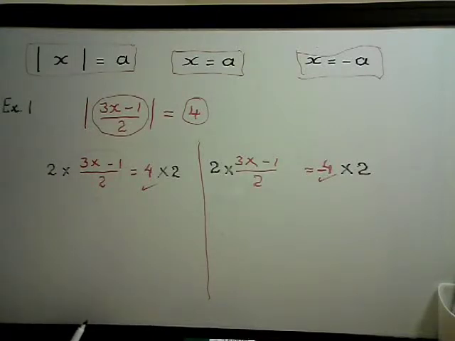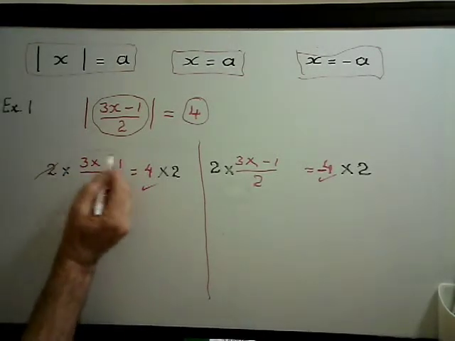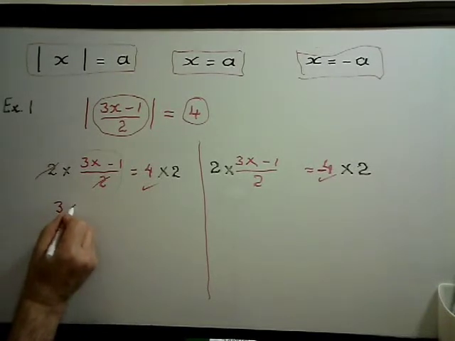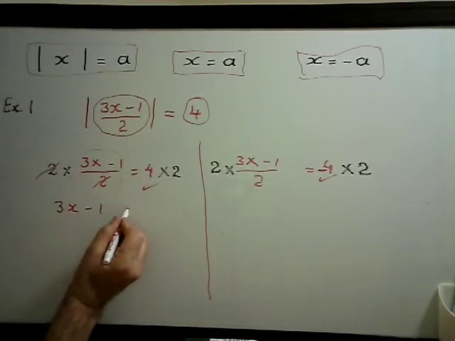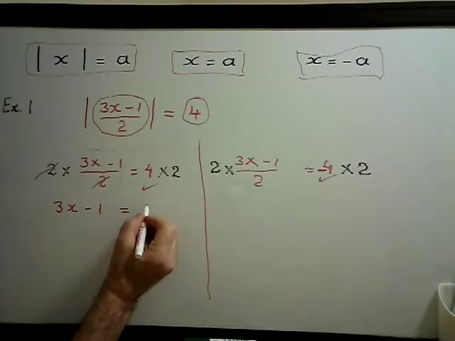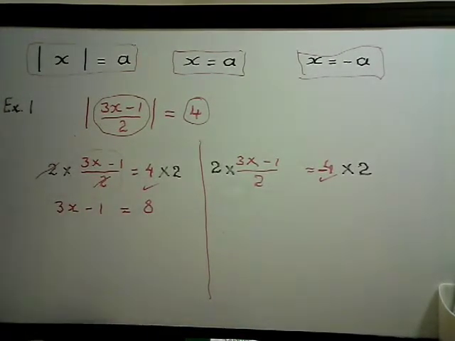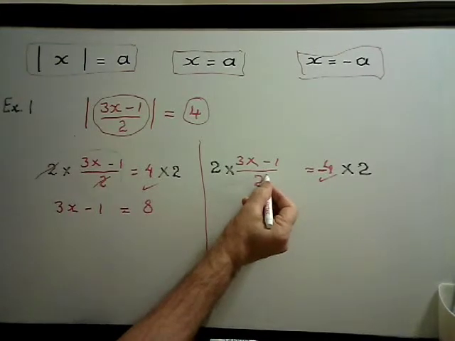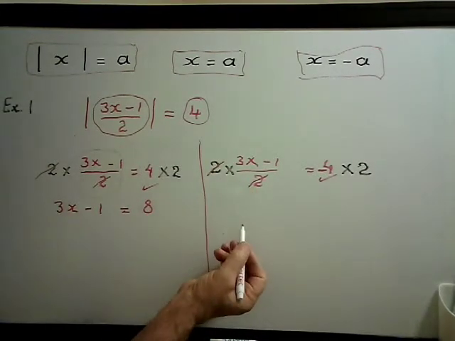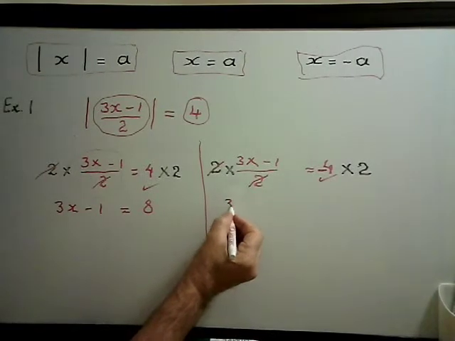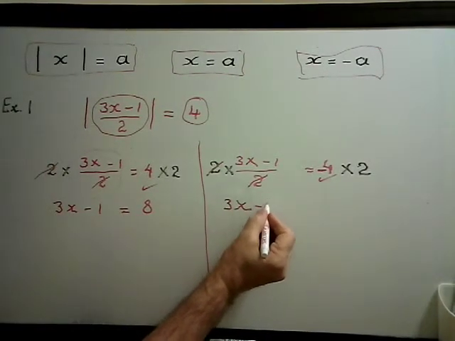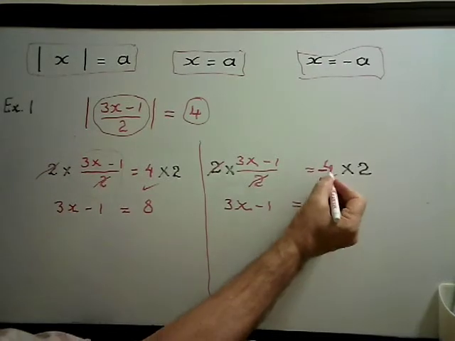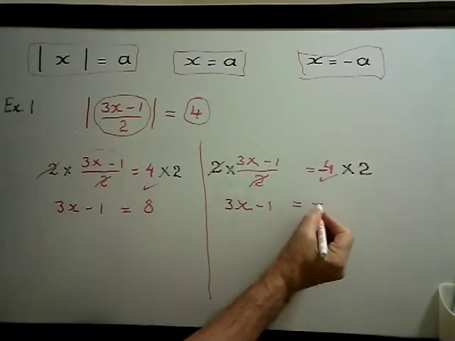The result from this, we can make cancellation, 2 with 2, and still we have 3x minus 1 is equal, the result here is 8. Same thing we can do here, cancel 2 with 2, so 3x minus 1 is equal, negative 4 times 2 is negative 8.